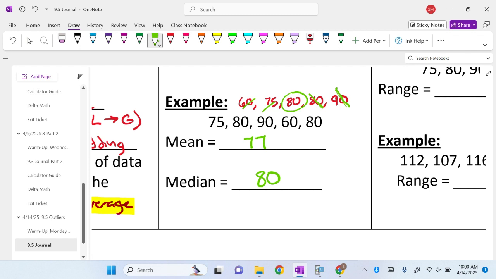Let me ask you this, because we're all about connections in math. What's the shape of this data set? Skewed left. Why? Right. The median is bigger than the mean, so this data set would be skewed left.